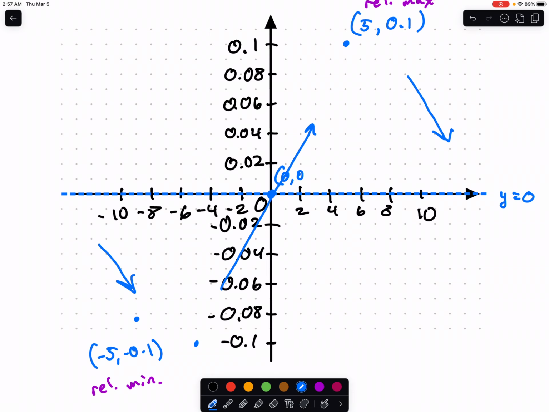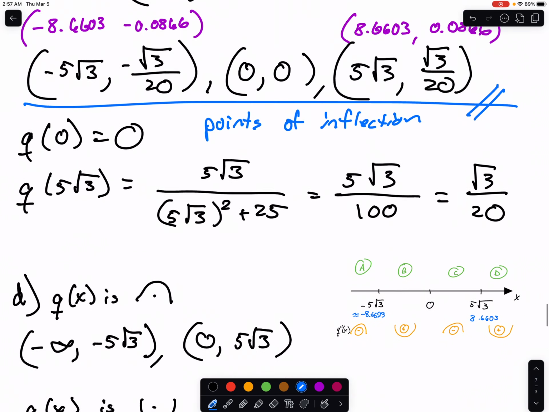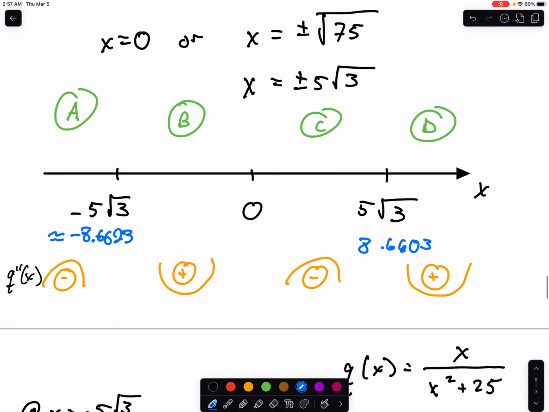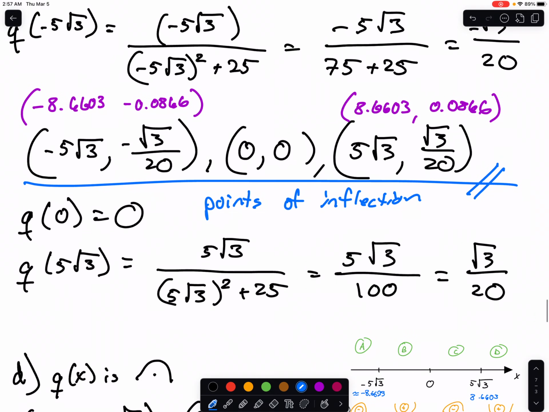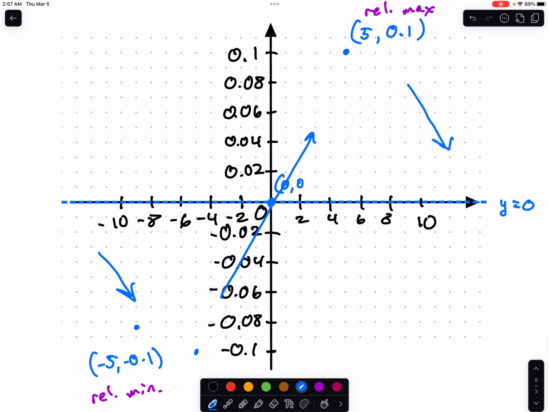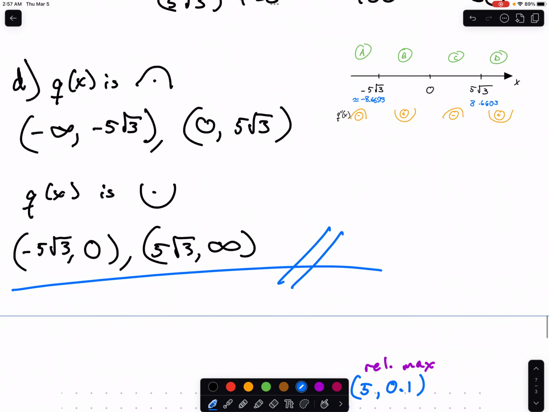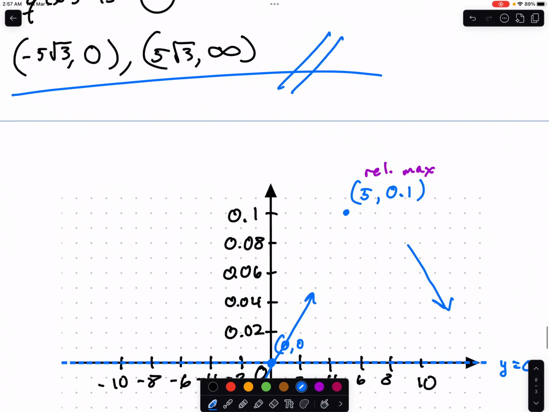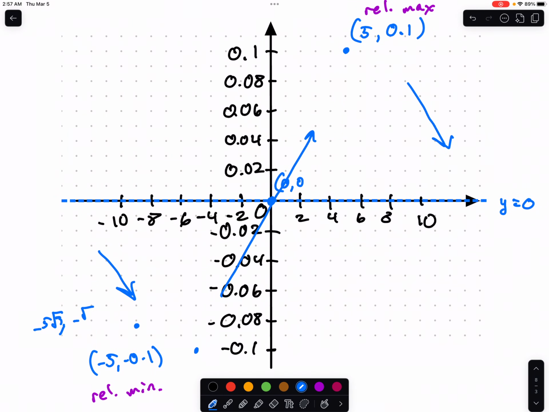That's a point of inflection. -5√3 negative. Okay. So this is the ordered pair: -5√3, -√3/20. Okay. And I'm going to just label it. That's one of our points of inflection.